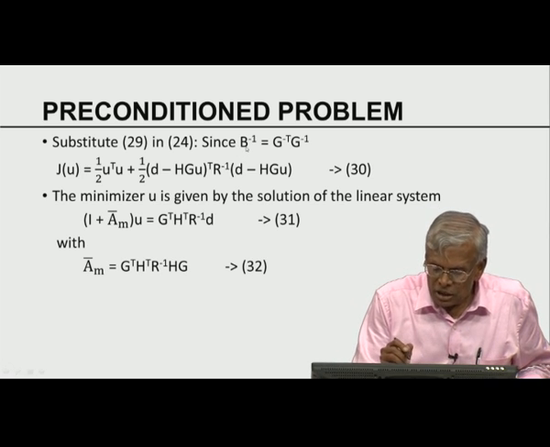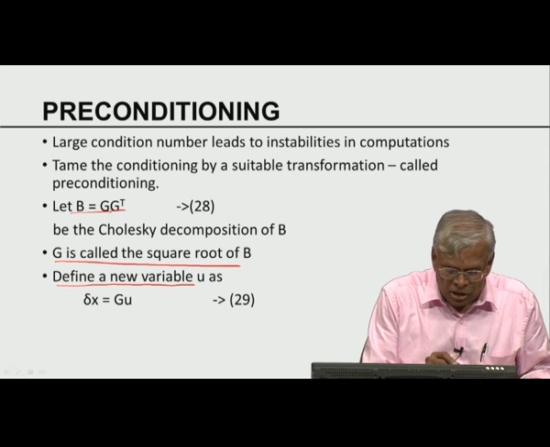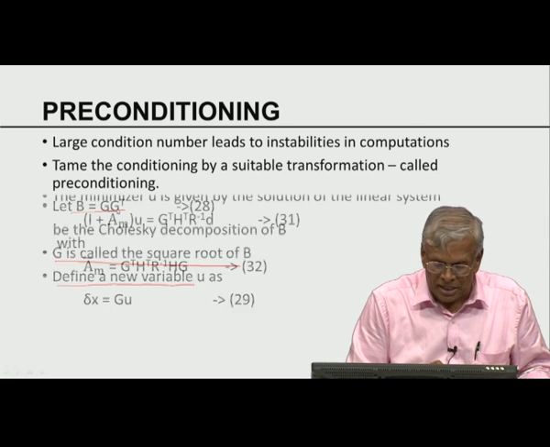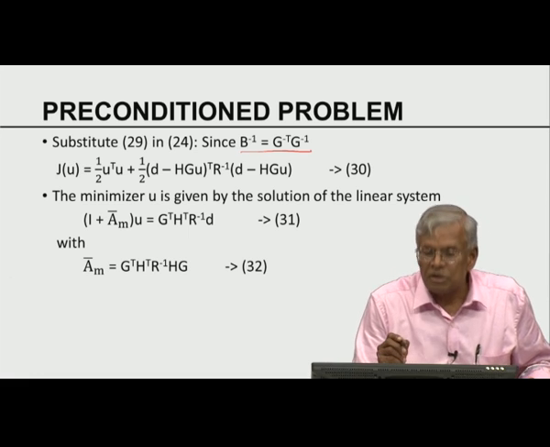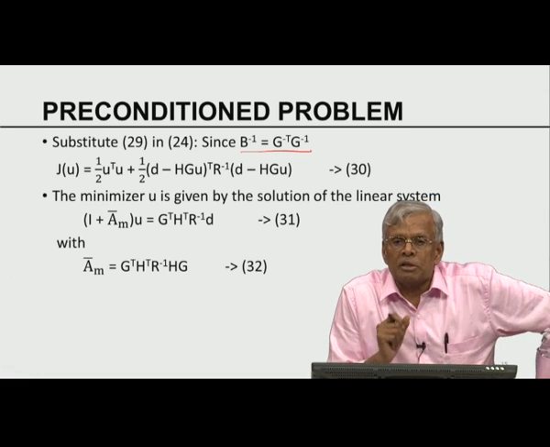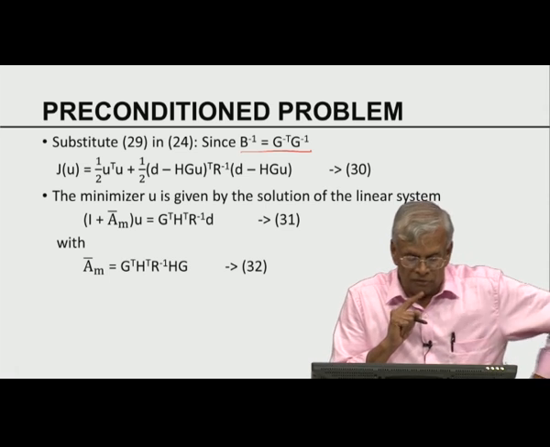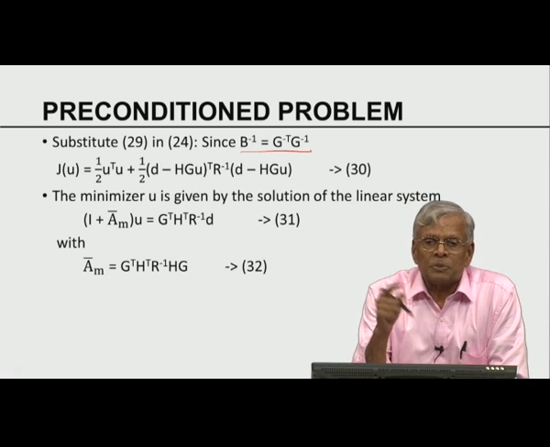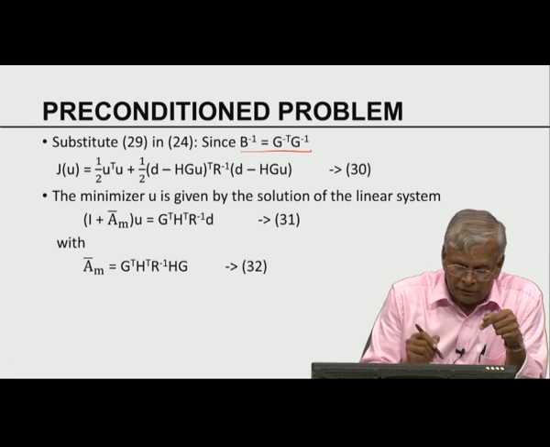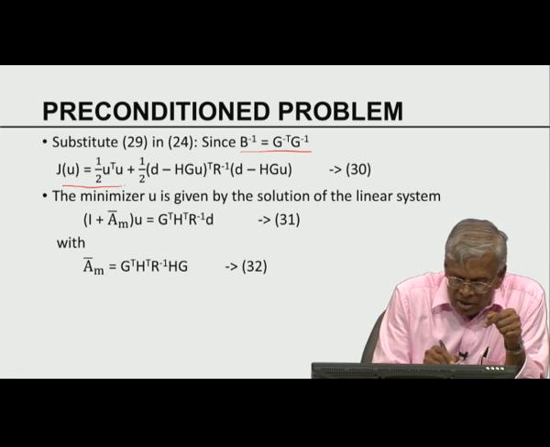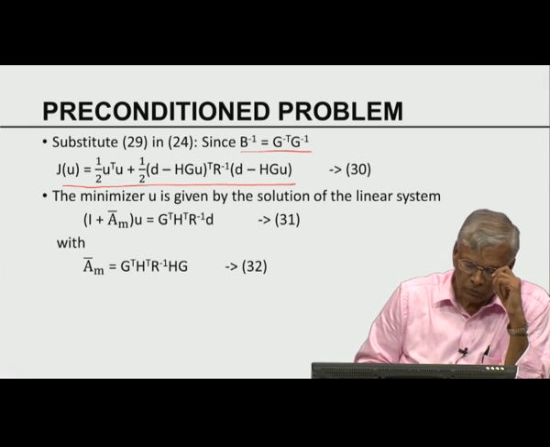Look at this now. If B is equal to GG transpose in 28, B inverse is going to be G minus T G inverse. Minus T means transpose of the inverse. So if I substitute this linear transformation, my JU becomes this. Look at this now.